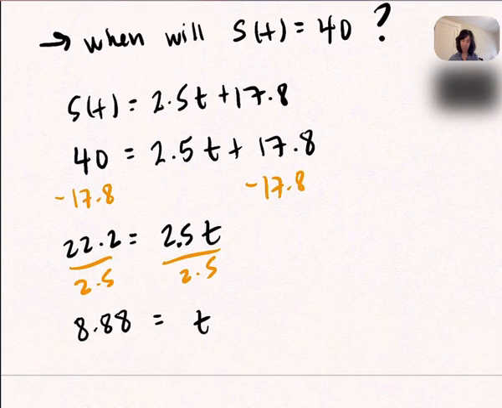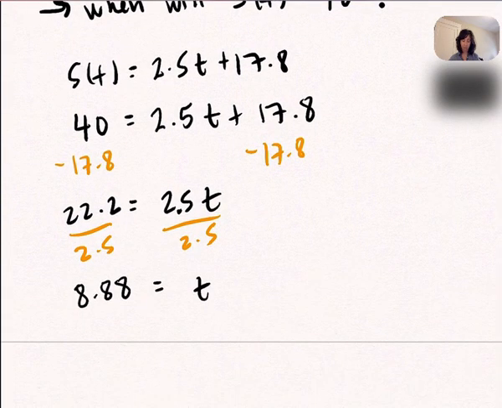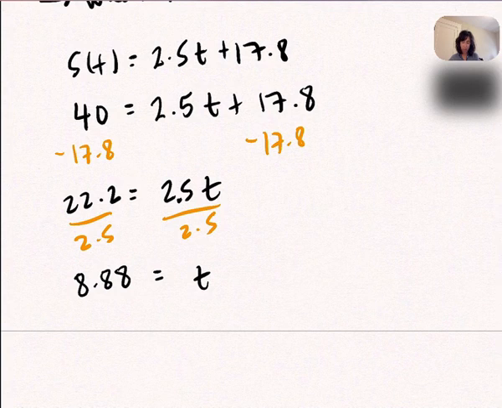Now we got this decimal answer, t equals 8.8. So it's somewhere about 8.8 years after 2010 when the sales will be 40 billion. In the 8 years after 2010, it hasn't quite reached 40 billion yet.